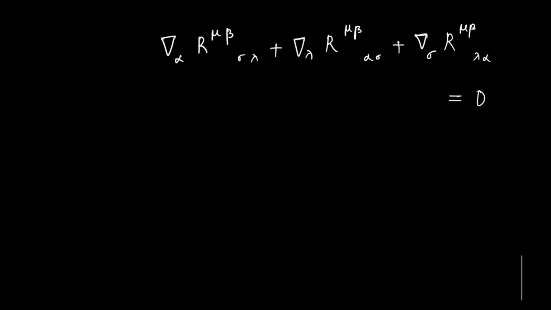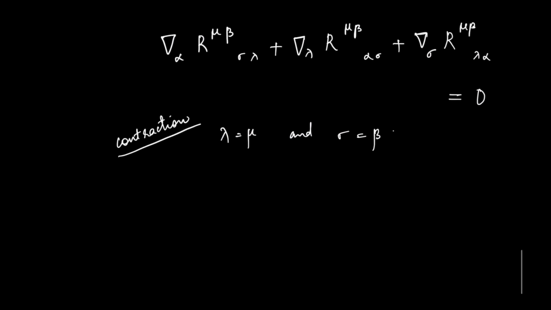Next step, I will contract lambda equal to mu and sigma equal to beta. So here I am doing an operation called contraction. Lambda will be equal to mu and sigma equal to beta.